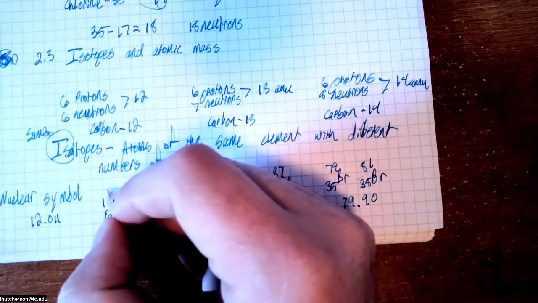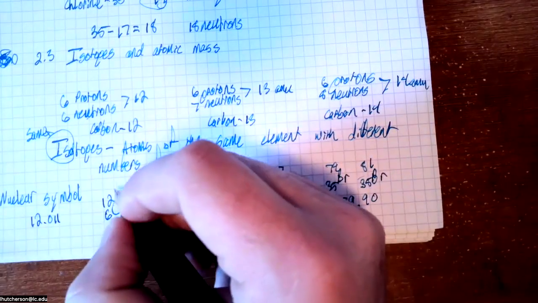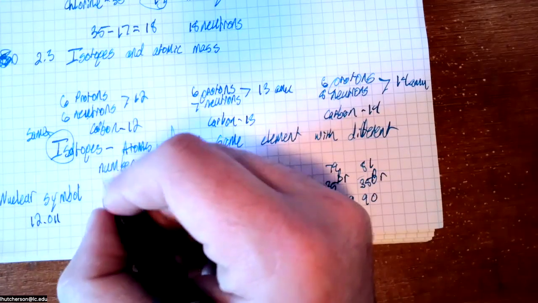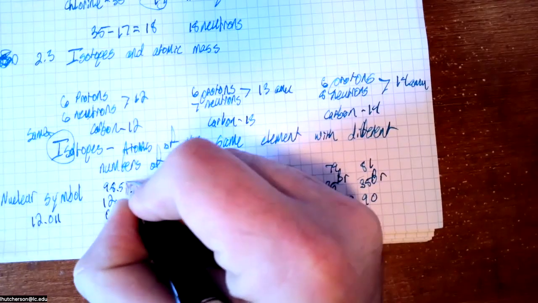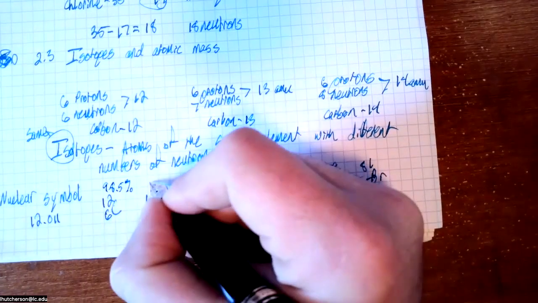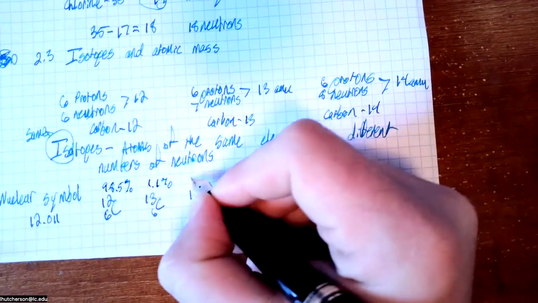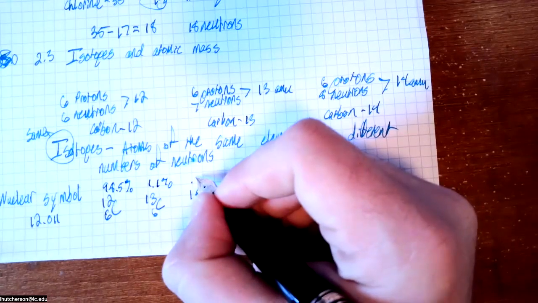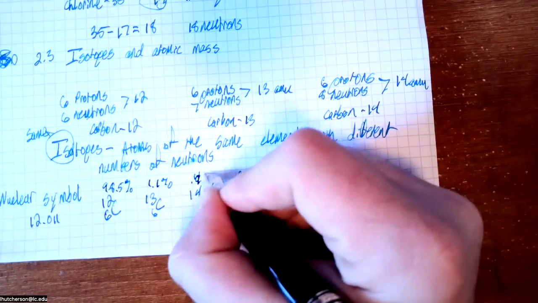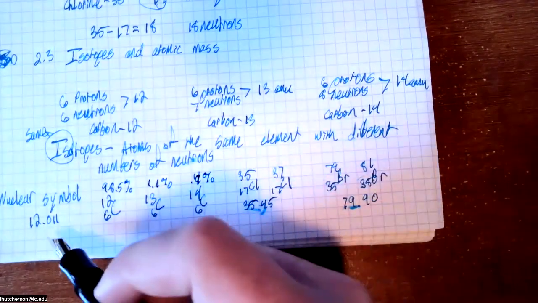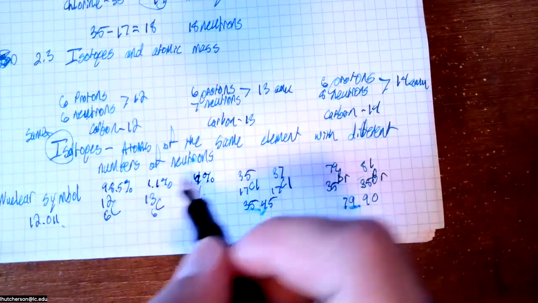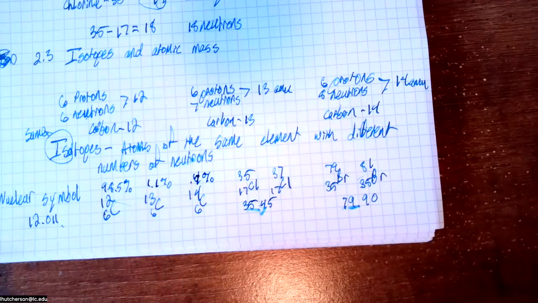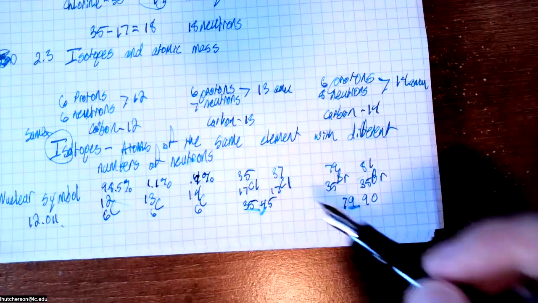If we were to look at the naturally occurring abundance of carbon, I would see that about 98.5% of naturally occurring carbon is carbon 12, about 1.1% is carbon 13, and about 0.4% is carbon 14. When I look at this 12.011, that is actually a weighted average of all the isotopes and their relative abundances in nature.